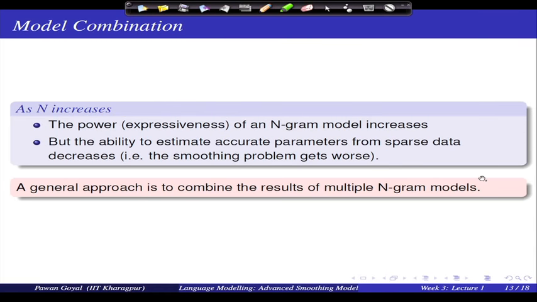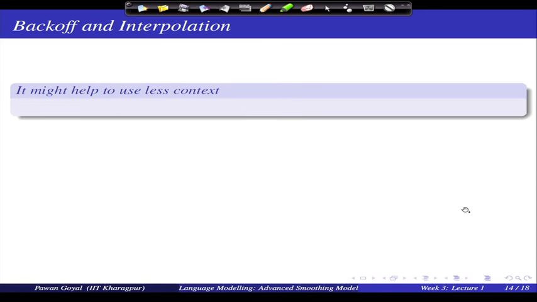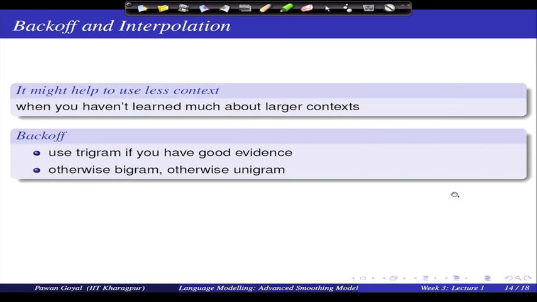Now the general approach is, can we combine multiple n-gram models to get a single model that can take advantage of the large n-gram model but avoid the sparseness problem? In some cases it might help to use less context whenever you do not have information about the larger context. So in Backoff, suppose I am computing a trigram language model, wi given wi minus 1, wi minus 2.